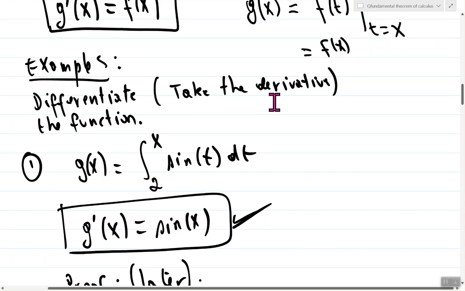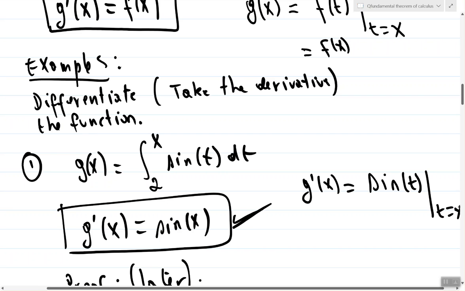So basically copy the integrand, which is sin of t, and then evaluate sin of t at t equals x. Which just gives you sin of x.